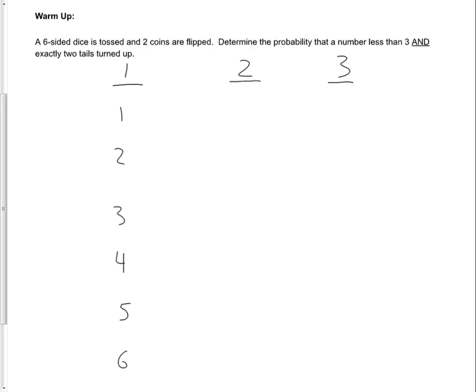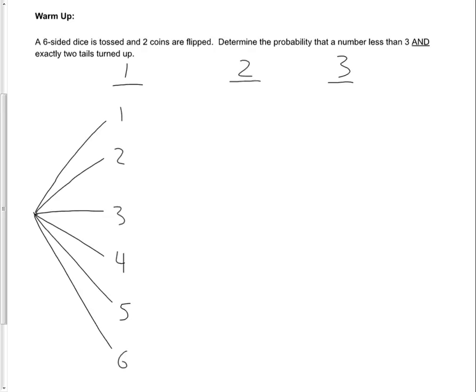So if we make our tree diagram to map out all of the theoretical possibilities, we could get this piece. Now I'm only going to complete sections 1 to 3 of this chart for the die toss because we're looking for a number that is less than 3.